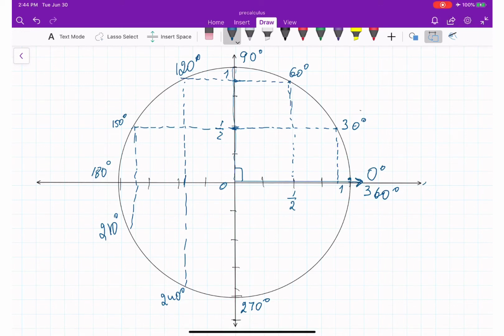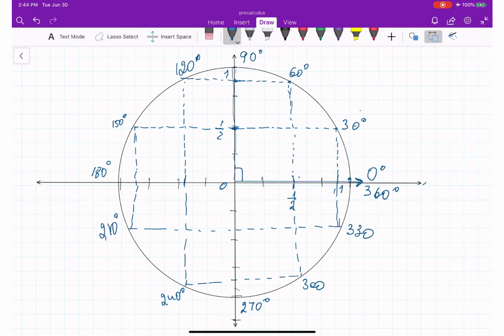And on this side, if I provide this line, I'm going to get 270 plus 30, it's going to be 300, plus 30, 330, and plus 30, 360. So if I continue this line here, I will get exactly to 300, and I will get here exactly 330.